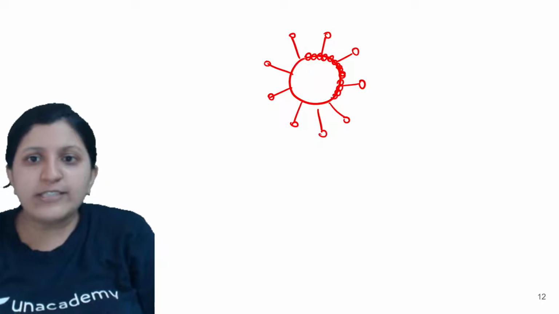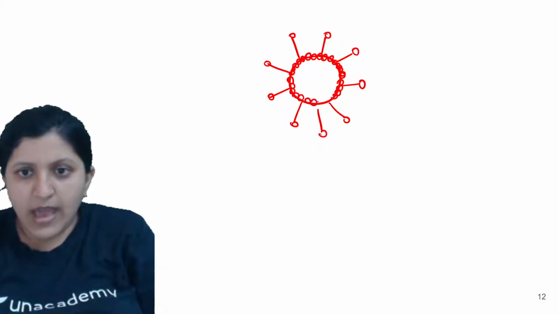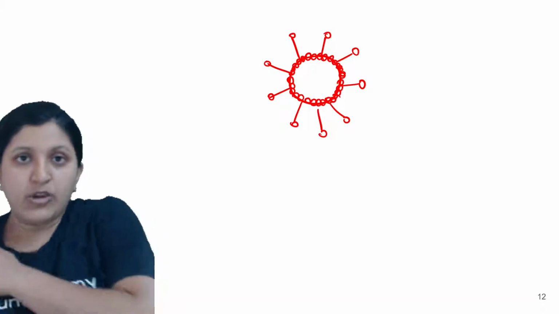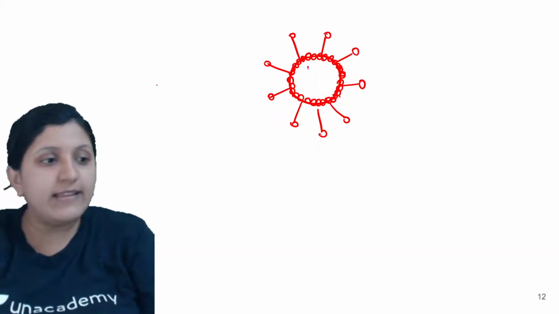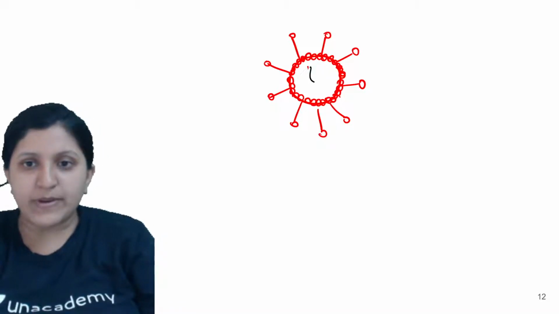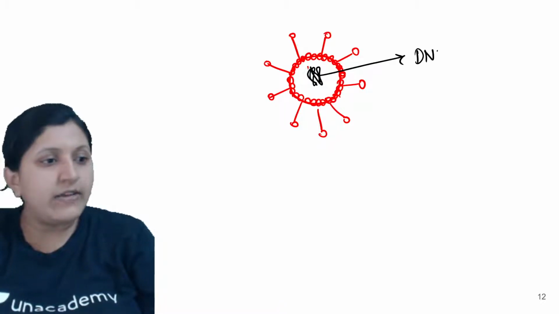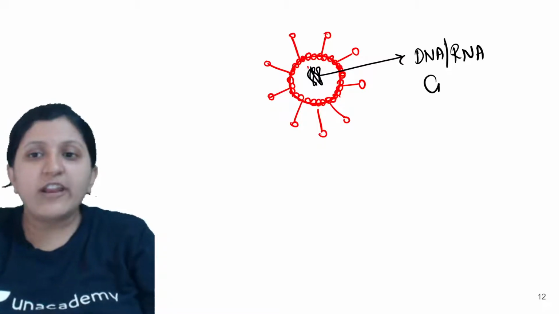Sorry, this is the protein covering, and inside this you can find the DNA or the RNA that is present. This DNA or RNA can act as the genetic material.